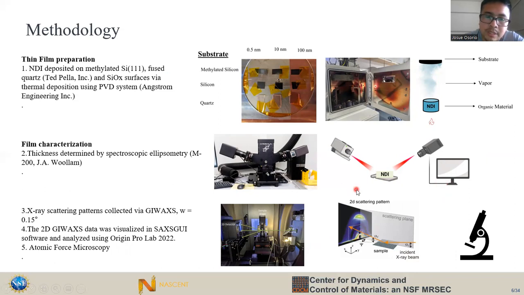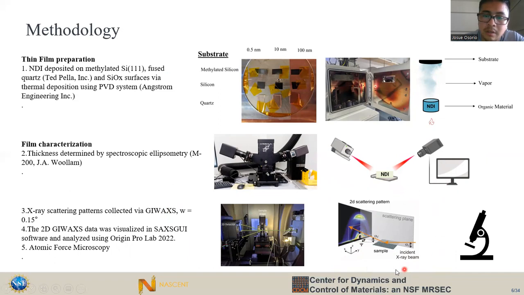Now, to see the orientation of our molecules, we use this technique called grazing incidence wide angle X-ray scattering. We have a lot of techniques, but I use this one because it's the one that my mentor knew.